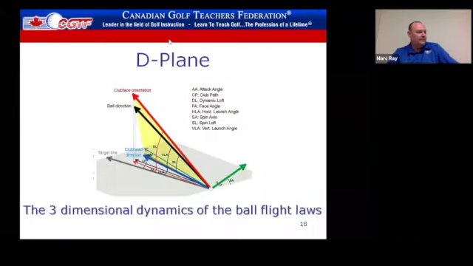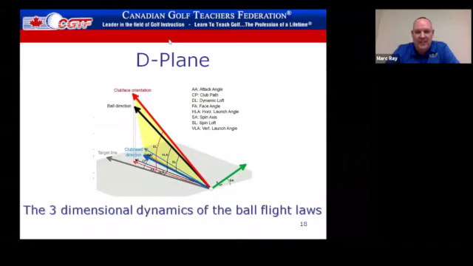So the D-plane takes it from a two-dimensional ball headed right or left and turns right or left, to now we have it: ball heads high or low, and turns or is headed right or left.